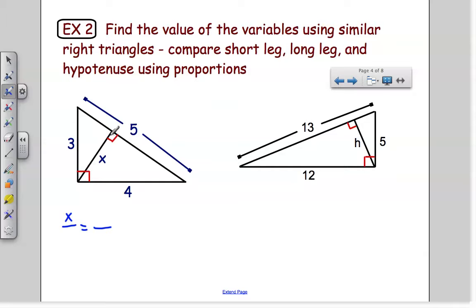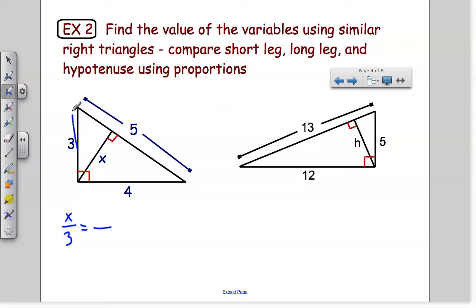If you think about this side right here that x is, it's actually in two different triangles, because x is in both this triangle here and this triangle here. Both of the smaller ones, not the full one. So you have a choice right now, because what side is also given in this triangle? Well, 3. And what side is also given in this triangle? 4. It's up to you what side to pick, what triangle. Just to pick, I'm going to pick 3.